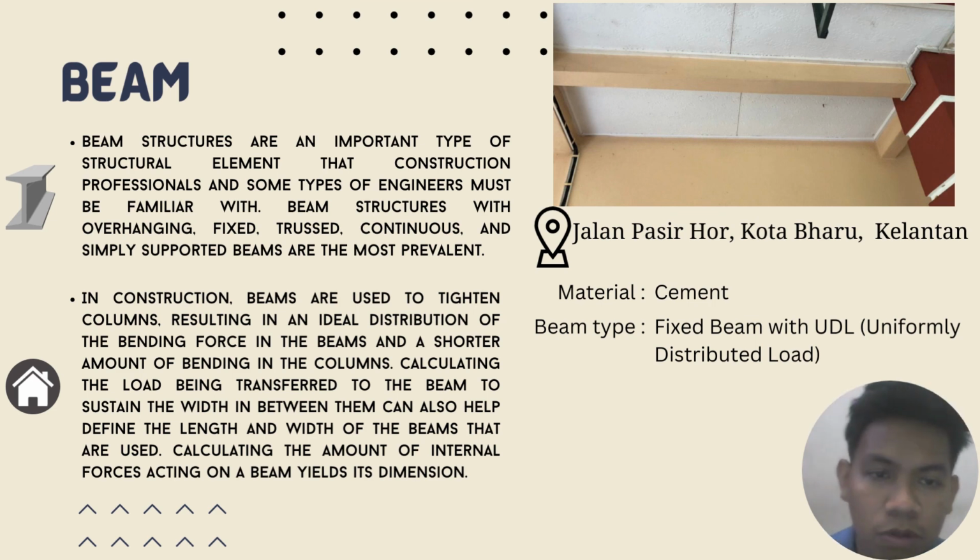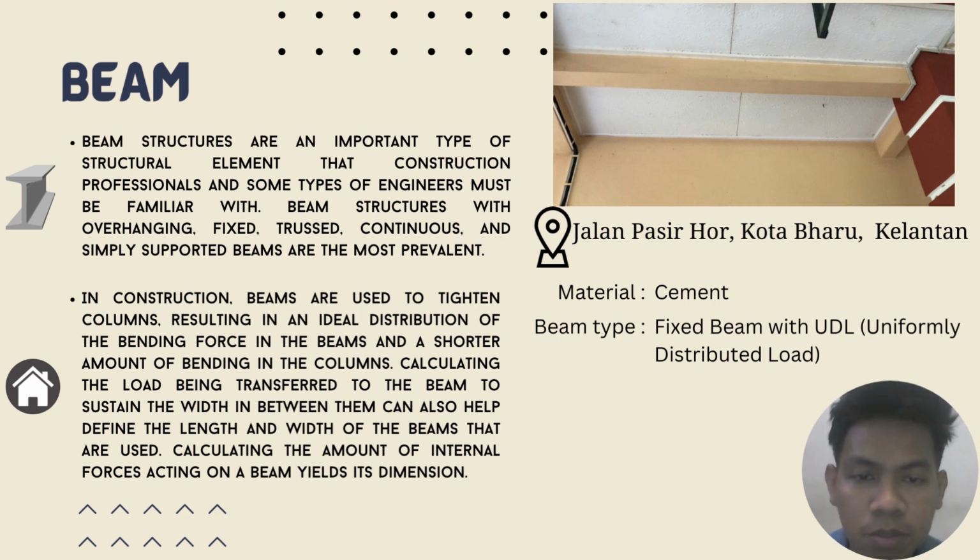Beam structures are an important type of structural element that construction professionals and some types of engineers must be familiar with. Structures with overhanging, fixed, truss, continuous, and simply supported beams are the most prevalent.